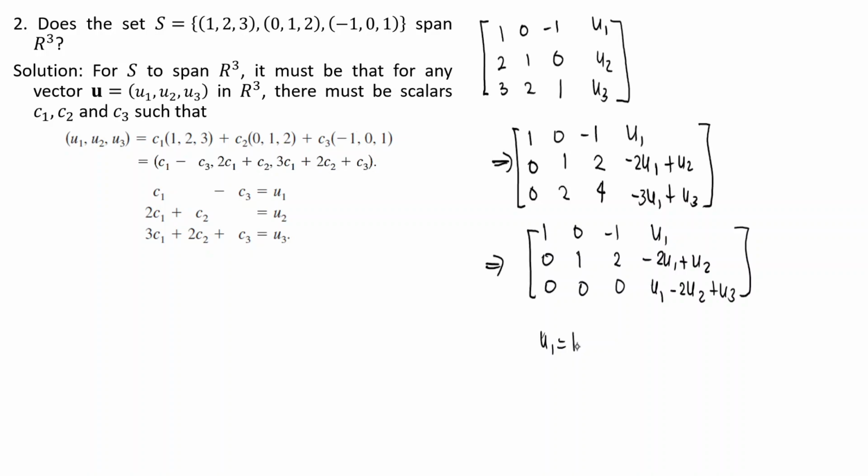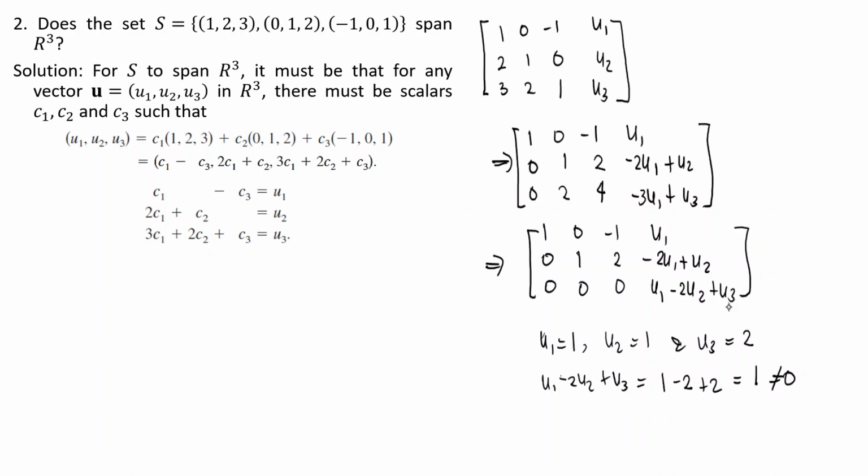Let's say u sub 2 equals 1 also, and say u sub 3 is equal to 2. Now, if we solve this, you will have u sub 1 minus 2 u sub 2 plus u sub 3. This is equal to 1 minus 2 plus 2. So this is equal to 1, which is non-zero. So this implies that the system has no solution if we have these following values of u sub 1, u sub 2, and u sub 3.